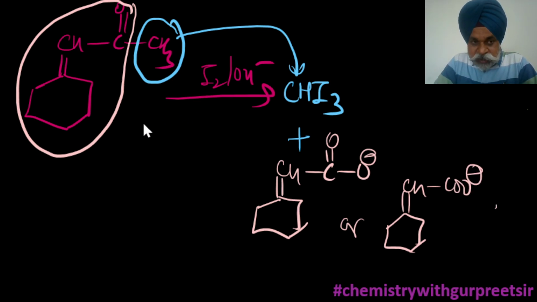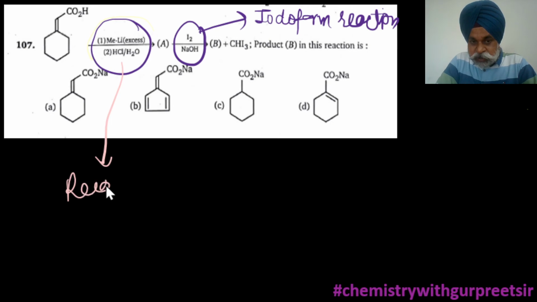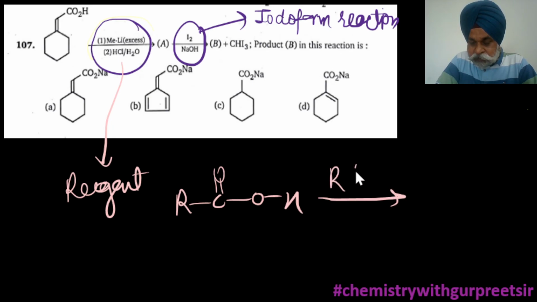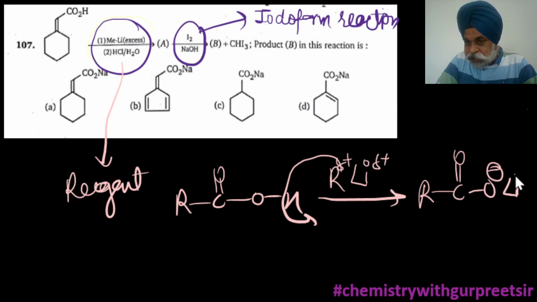So this is an important discussion where the reagent is not clear to you. I hope now this reagent is clear to you. So what is this reagent? If you have a carboxylic acid treated with alkyl lithium, the alkyl lithium first abstracts this H positive because it's a source of carbanion, and this changes into the negative part with Li positive.